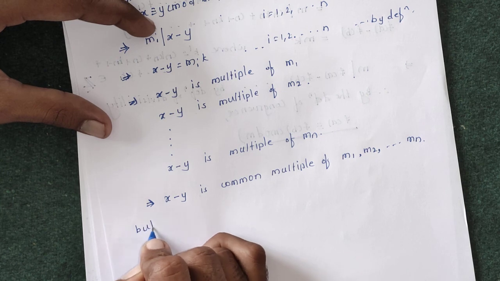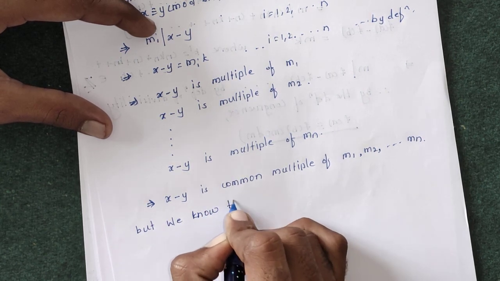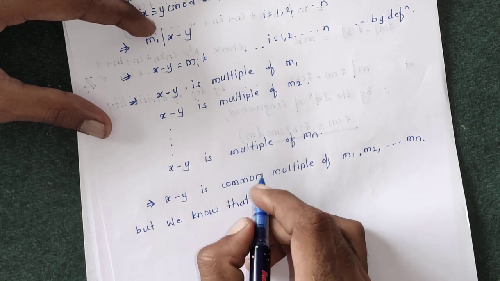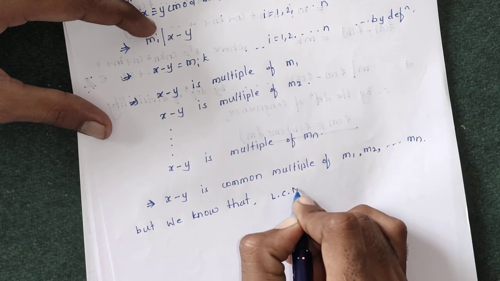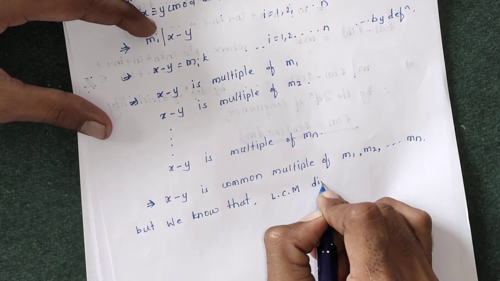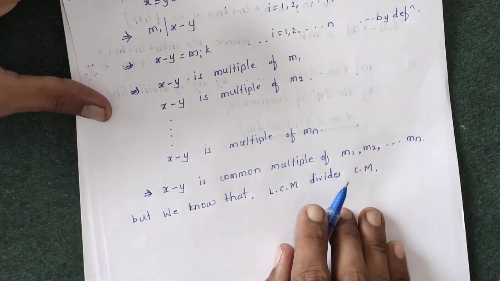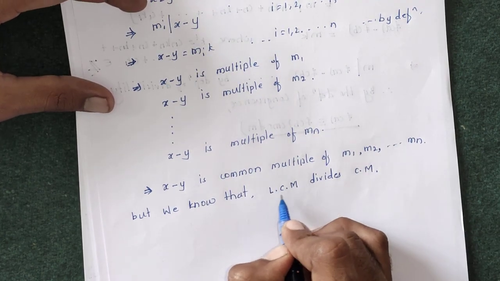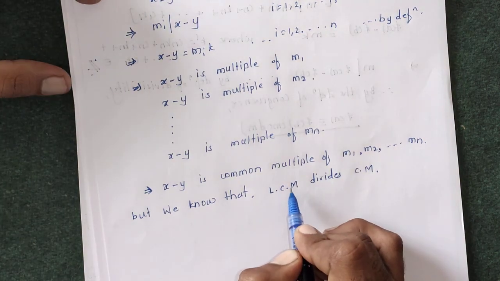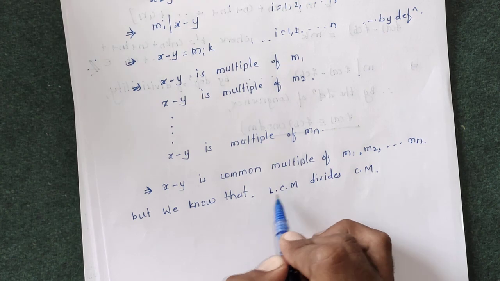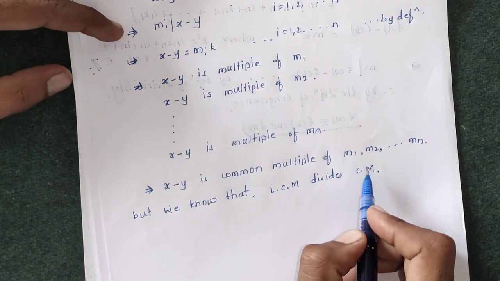But we know, by the definition of least common multiple, that the LCM divides every common multiple, since the least common multiple is the smallest among all the common multiples, and if there exists another common multiple, then the LCM divides that common multiple.